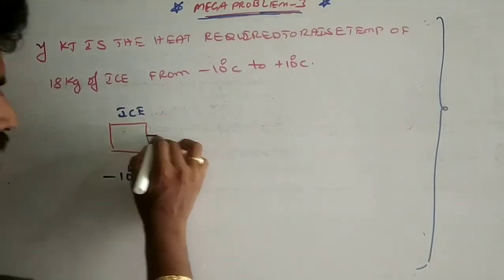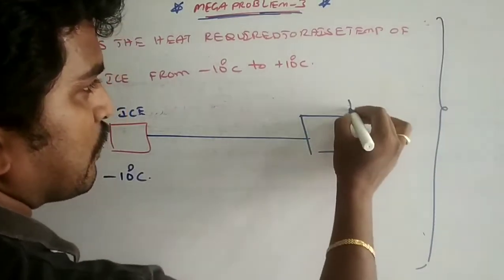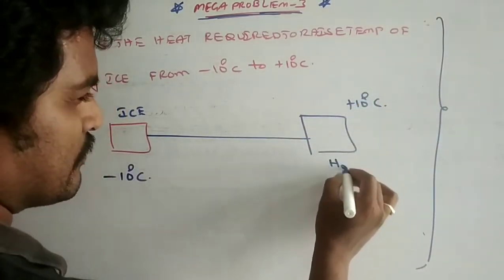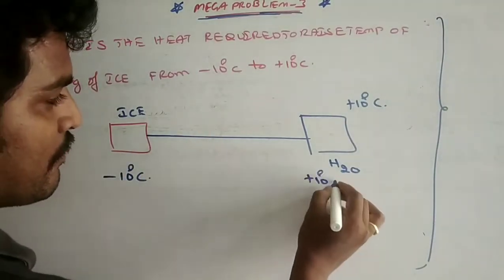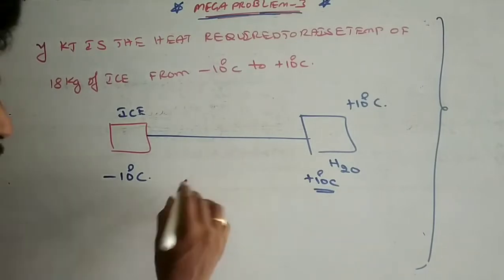You have to convert this ice into plus 10 degrees centigrade. Here water will be present. So minus 10 degrees centigrade to plus 10 degrees centigrade.